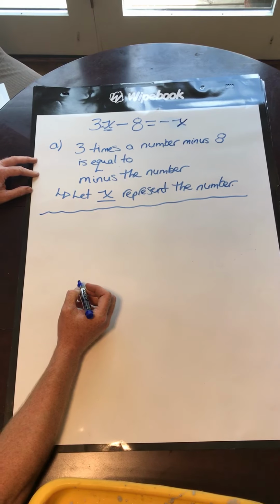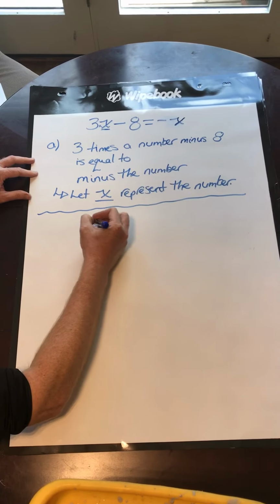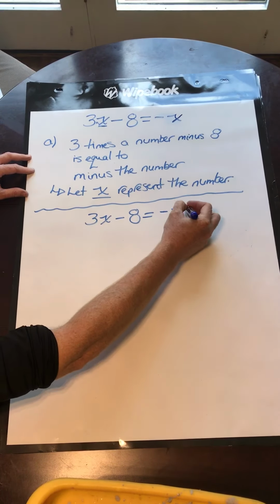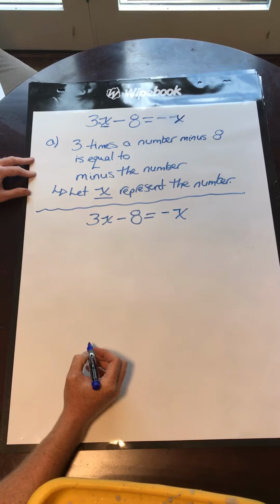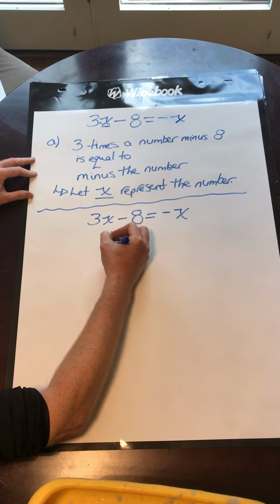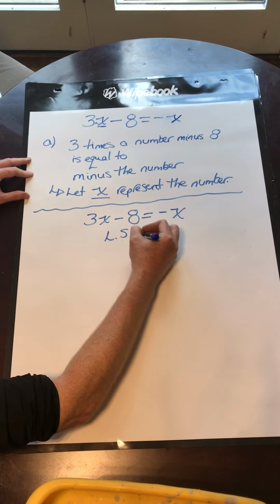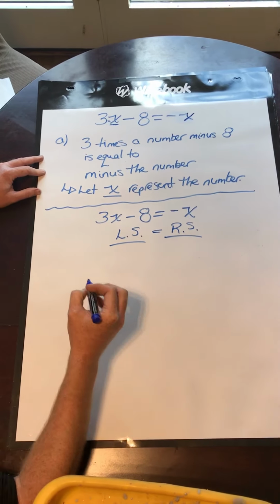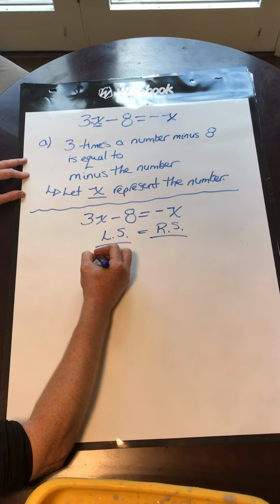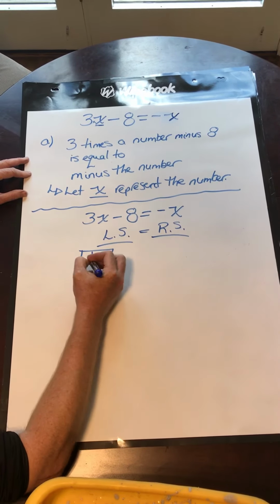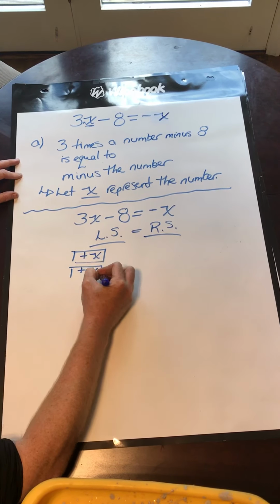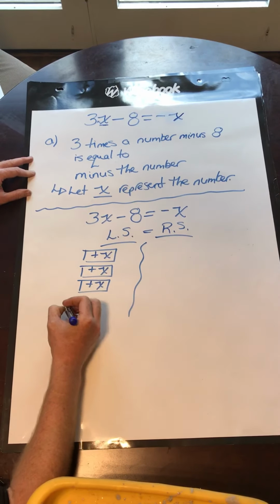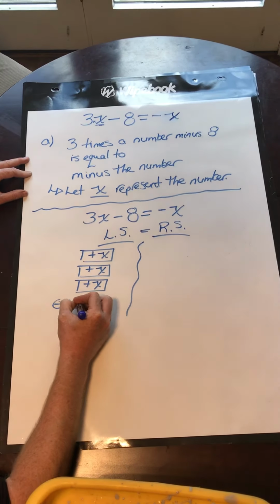Okay, so we've got that down in words, what that means. Now we're going to solve the equation. So I'm going to write it out again here. I'm going to put my left side is equal to my right side. And I'm going to put my tiles down. So on the left side, I have 3 positive variable tiles and 8 negative unit tiles.